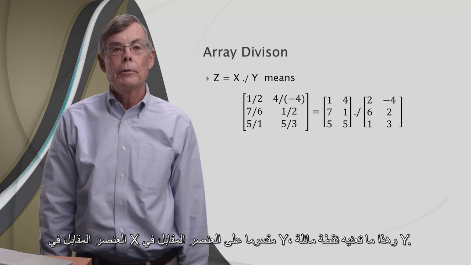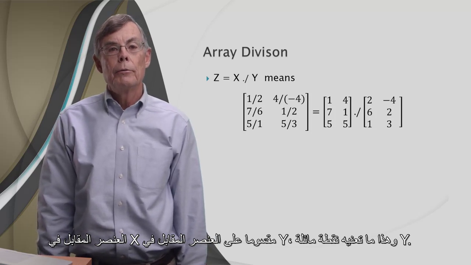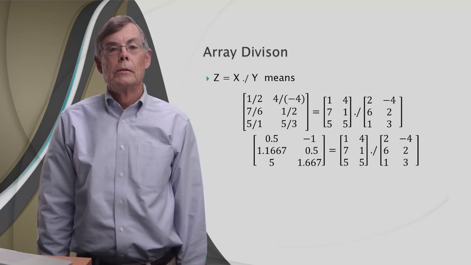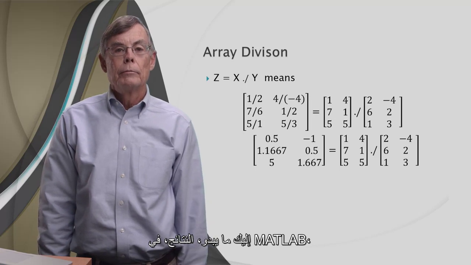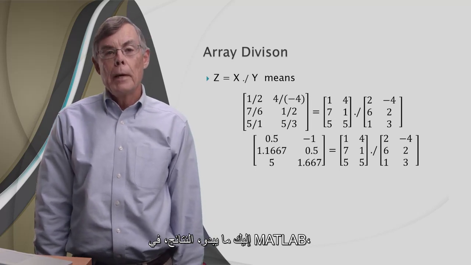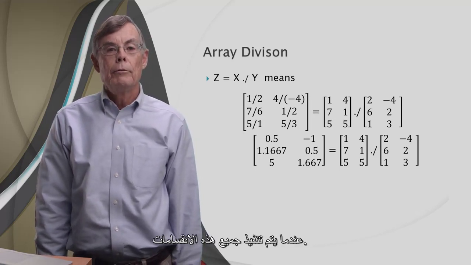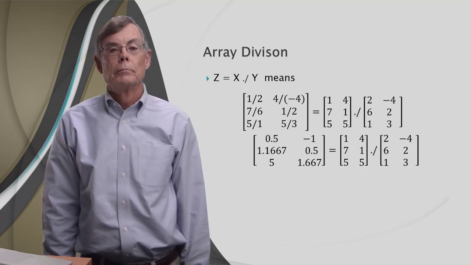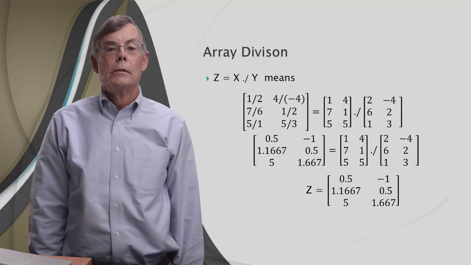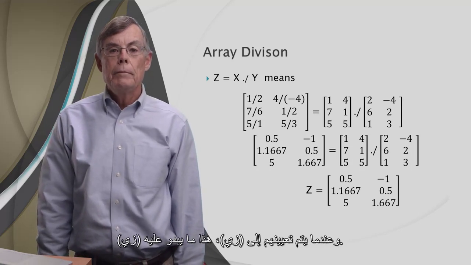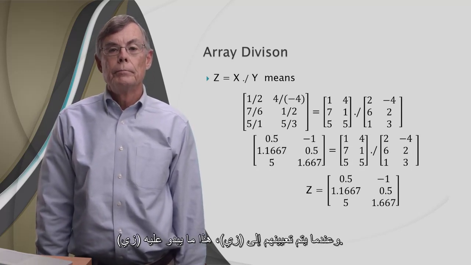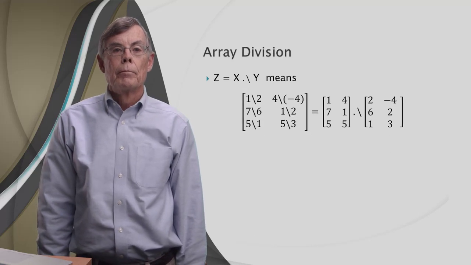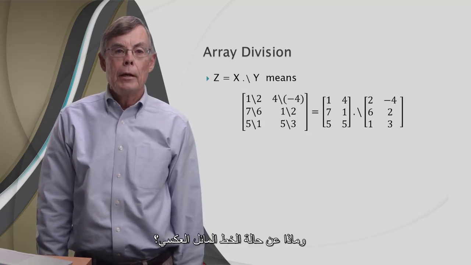And that's what dot slash y means. Here's what it looks like, the results in MATLAB when all these divisions are carried out. And when they're assigned to z, this is what z looks like.